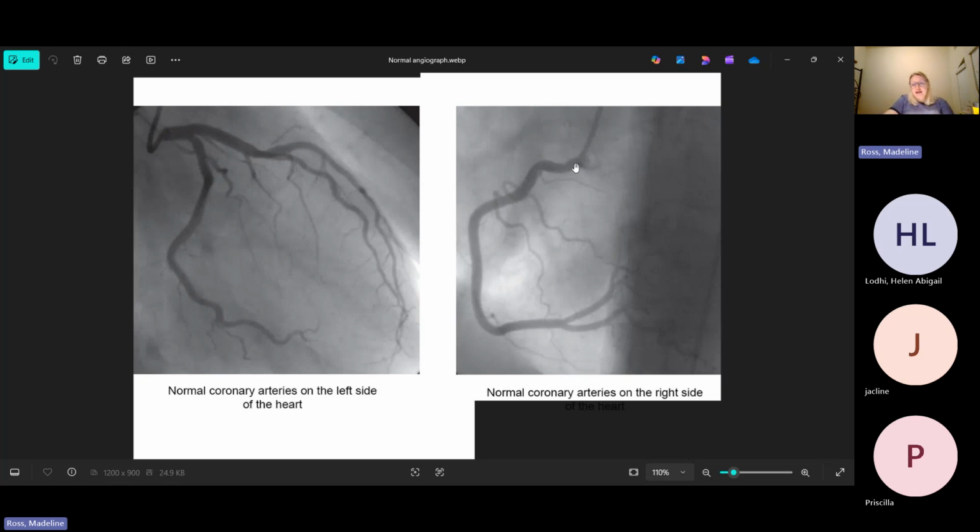And so they're saying that anytime you have a clot in your RCA, you're more likely to have a dysrhythmia. And that is simply because it starts at the top of the right ventricle or right atrium and goes down, and your SA node is right there. So if it's blocked, you're probably going to start having some sort of dysrhythmia because it's not getting perfused.